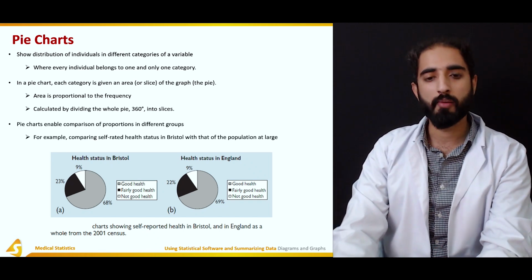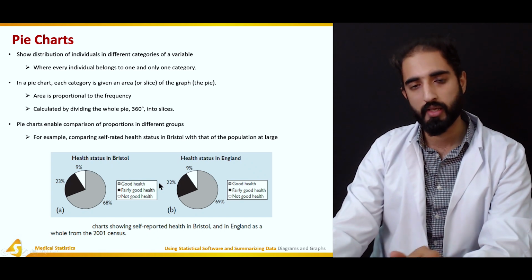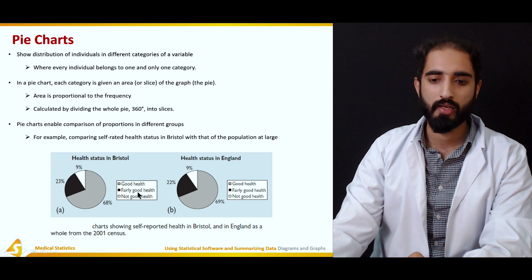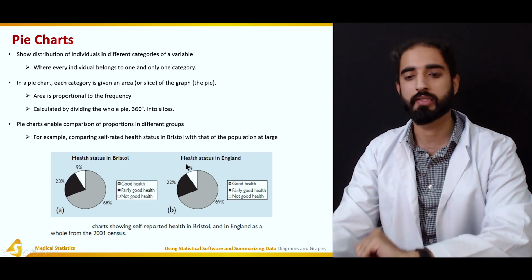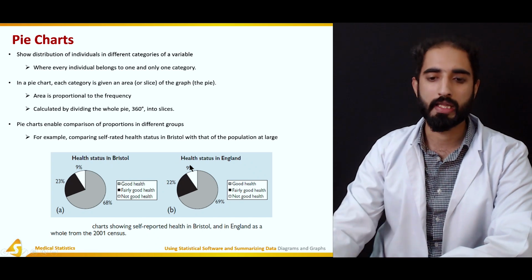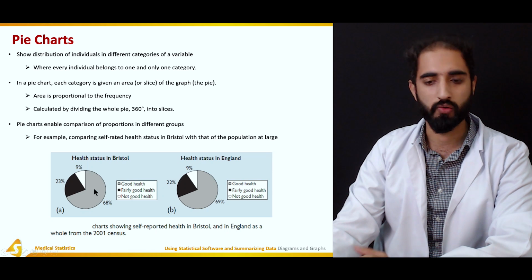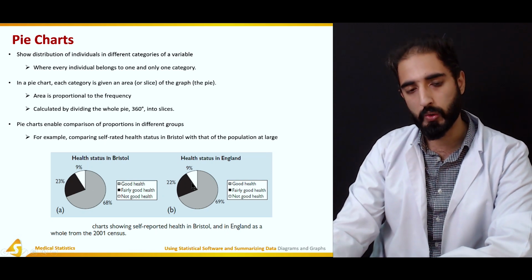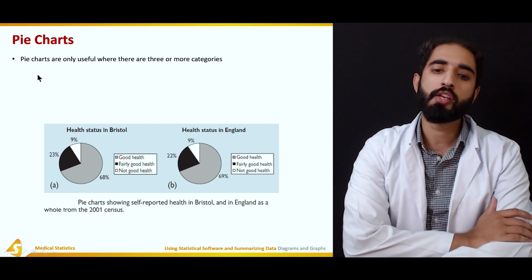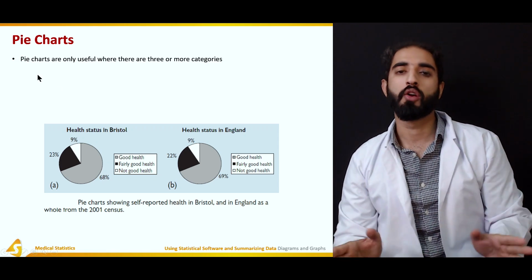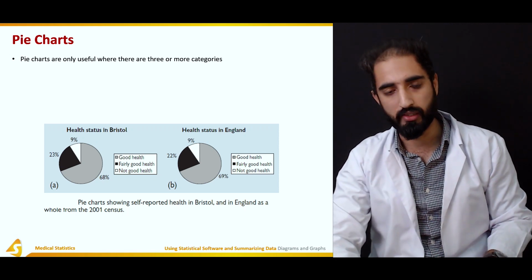Pie charts also enable comparison of proportion in different groups. So you can put two pie charts and compare them with each other. For example, here we are comparing the health status in Bristol with health status in England, and that's pretty much similar. The only difference is 68 to 69 and 23 to 22 here, which is very small and minute. Moreover, pie charts are only useful when there are 3 or more categories, because if there are less than that, it doesn't make any sense.